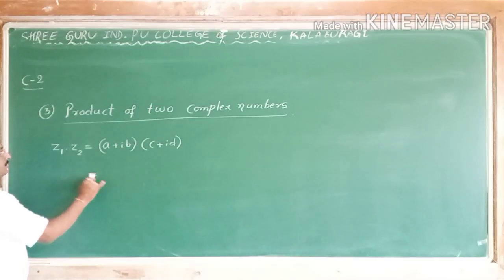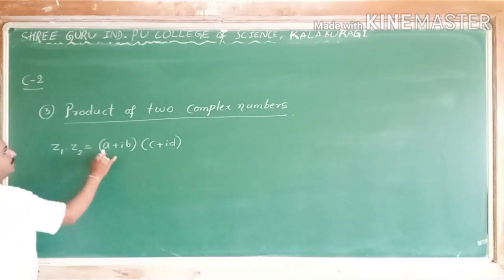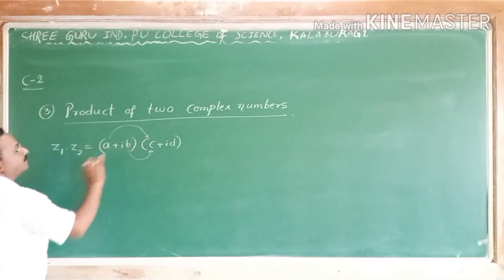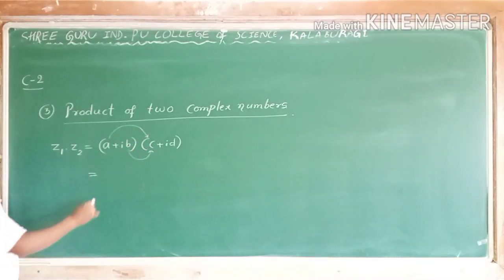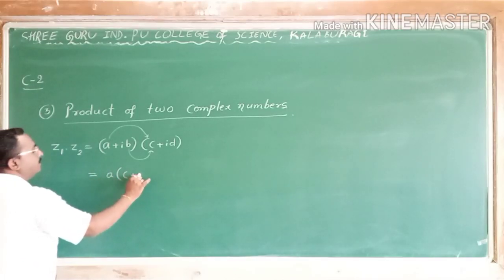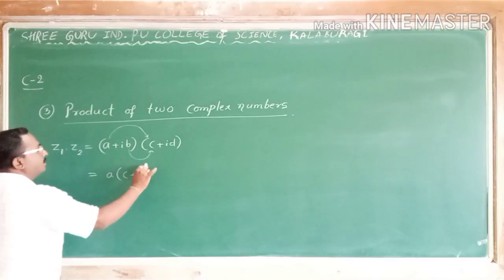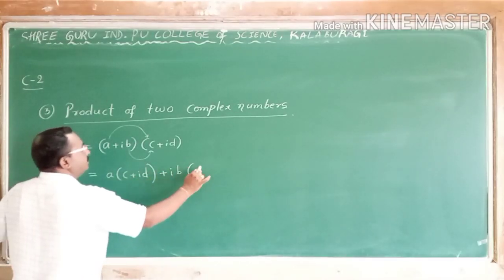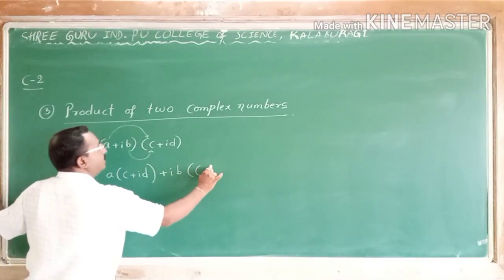Then multiplication or product: write a times this complex number, ib times this complex number. a times c plus id plus ib times c plus id.